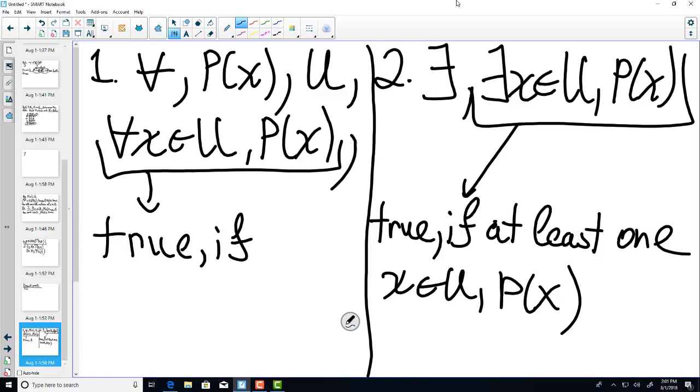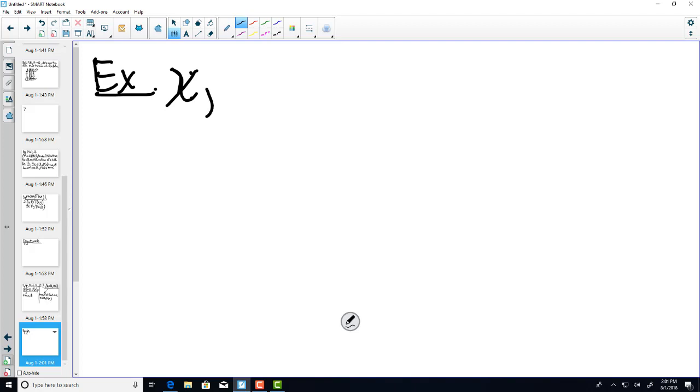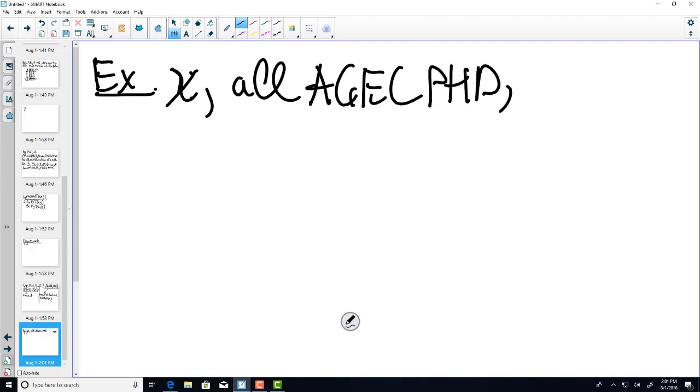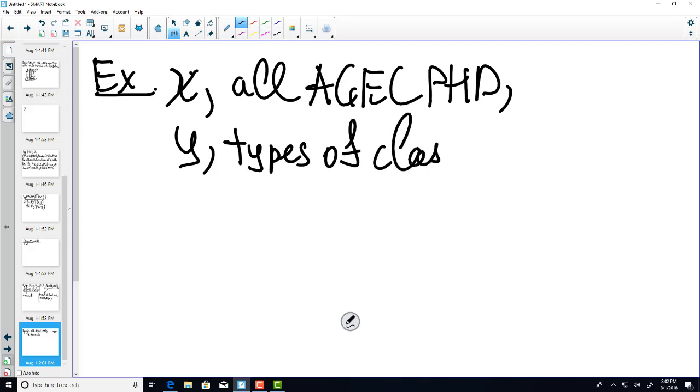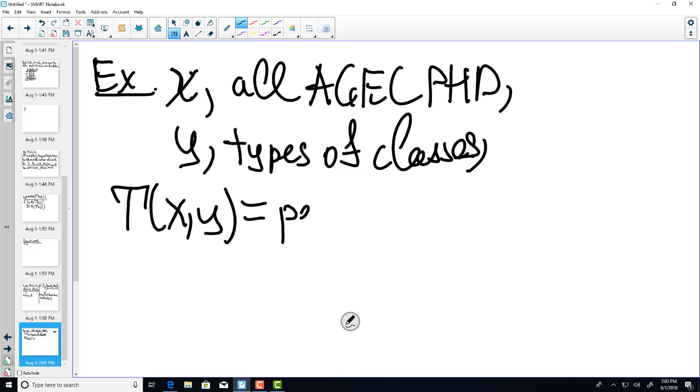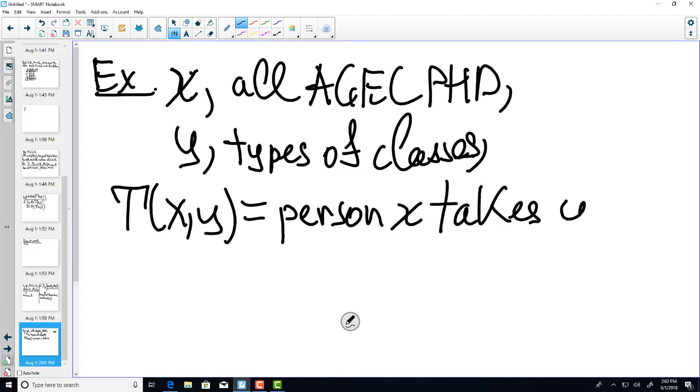As an example, suppose that the possible values of x are all Agicom PhD students, and y is types of classes offered by Texas A&M, and let T(x,y) be the statement that person x takes class y.